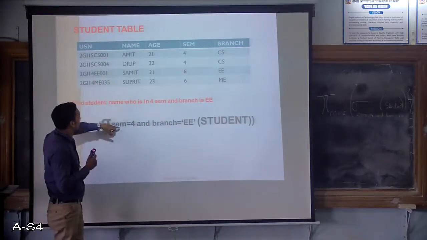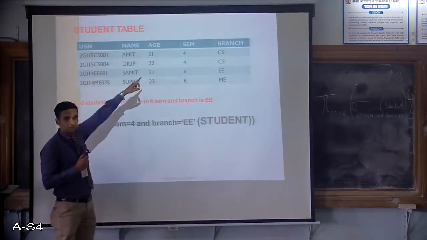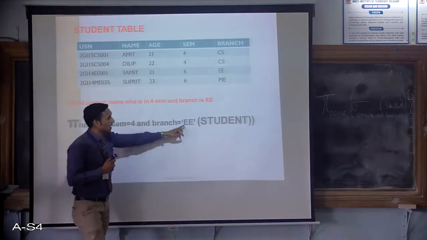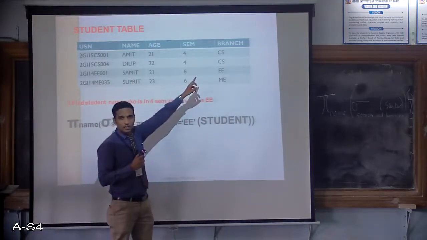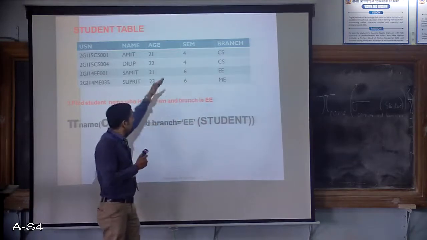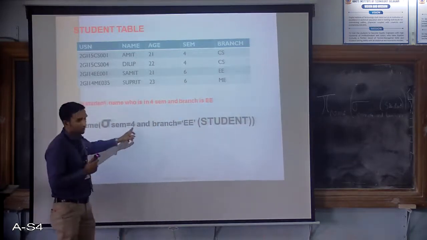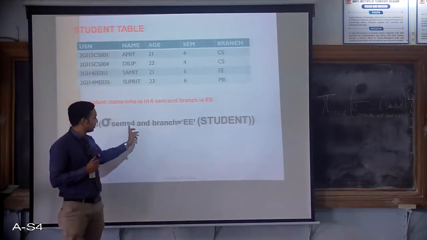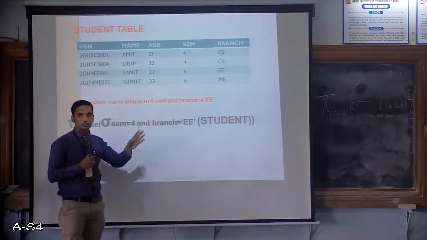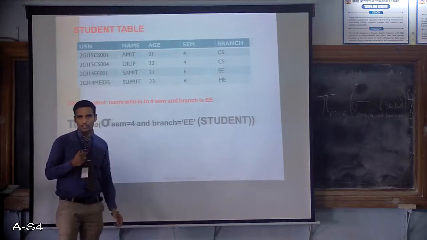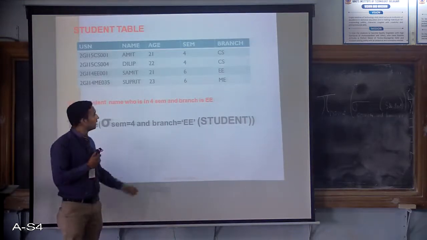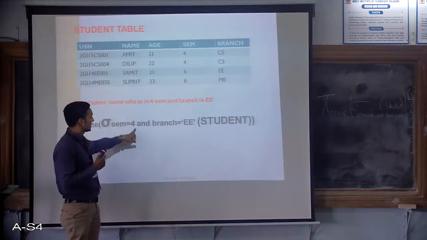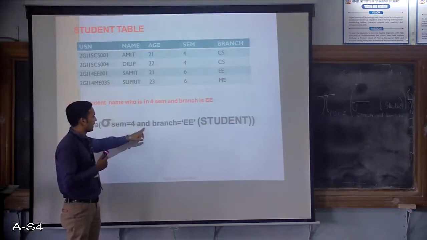Let's go one by one. Semester 4, yes, matching for the first row. And at the same time, the branch should be electrical. Is the branch electrical? No, ignored. Next row, semester 4, yes, and branch electrical? No. True and false is false, just like the logical AND and OR gates. Third one, semester 6, this is false, and branch is electrical?